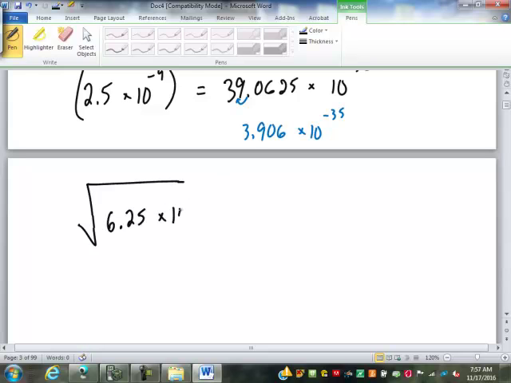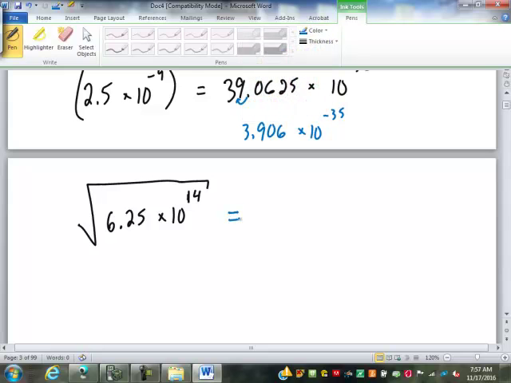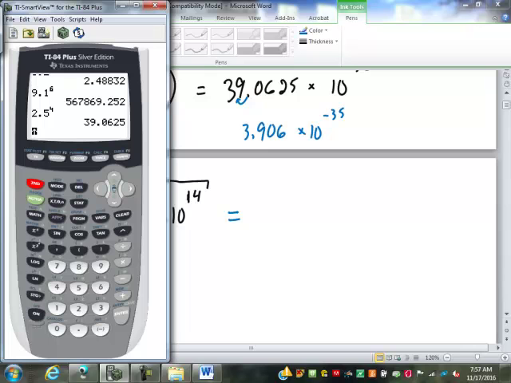Square root of 6.25 times 10 to the 14th. Just taking the root of scientific notation. So just like with our algebraic numbers, I have to take the square root of the number. I have to take the square root of 6.25. If you punch that in, it better give you 2.5.